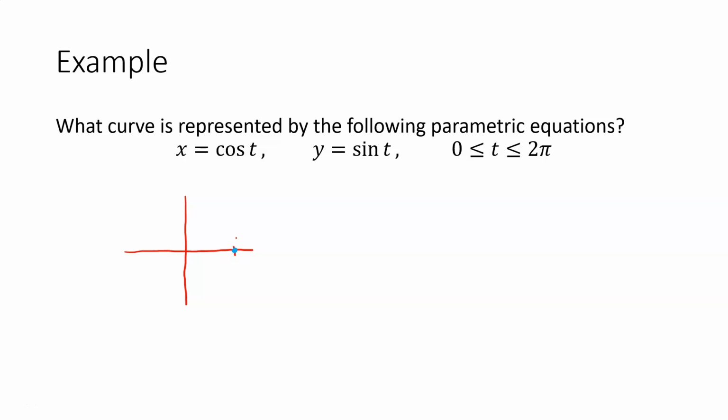And as the parameter t goes to pi over 2, it's going to trace the curve up to the point 0, 1. So at pi over 2, cosine of pi over 2 is 0, sine of pi over 2 is 1. So just between t equals 0 and t equals pi over 2, it's traveled through the first quadrant.